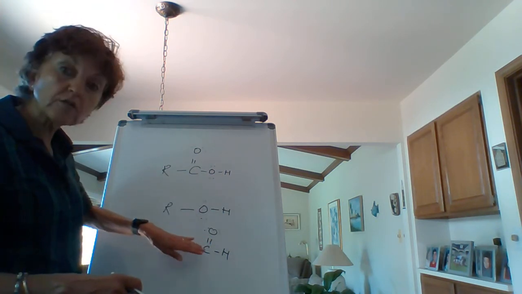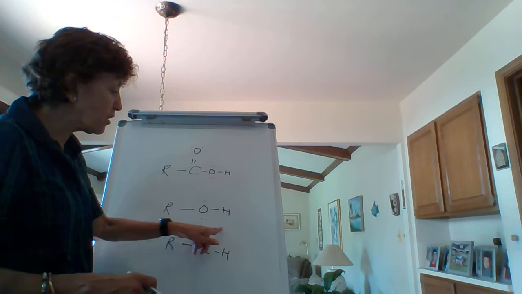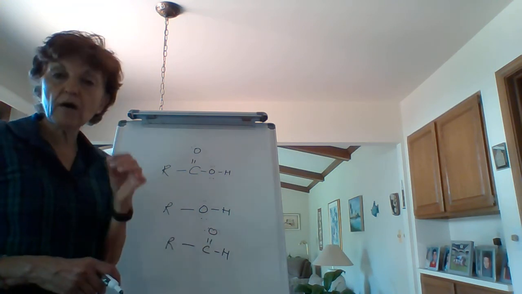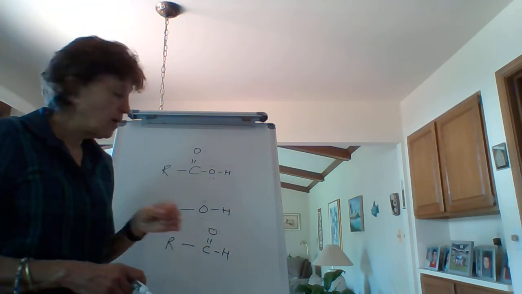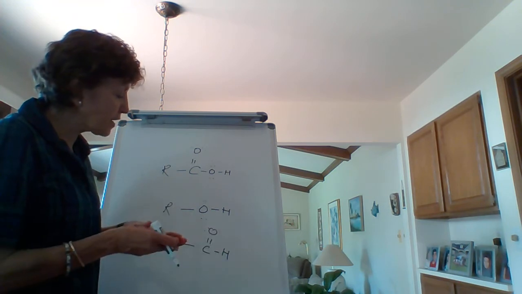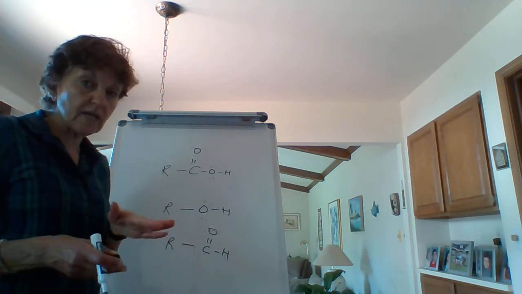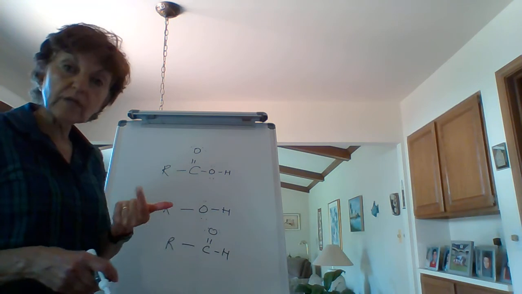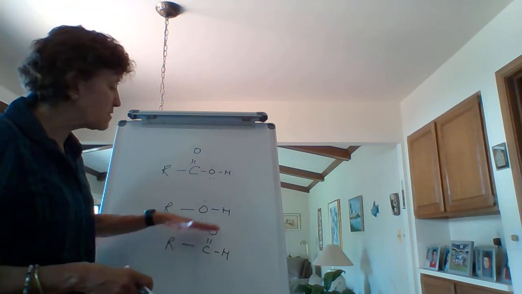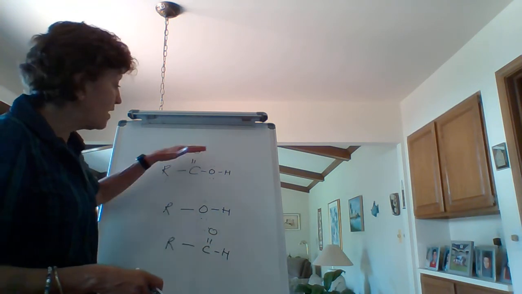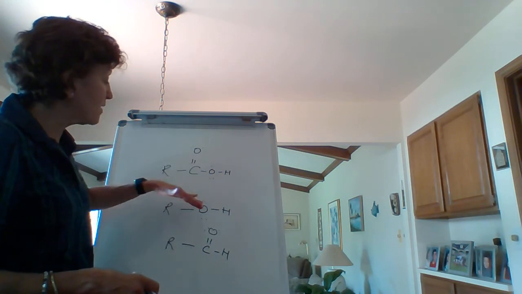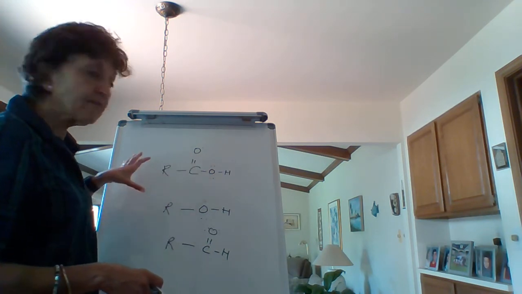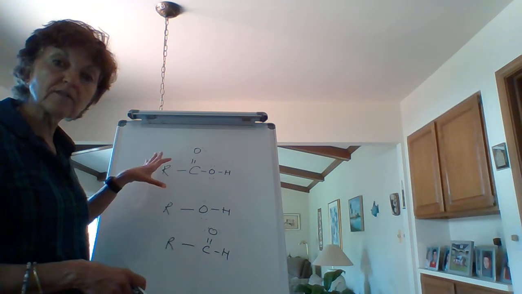This one cannot do intermolecular hydrogen bonding because there's no hydrogen bonded to an oxygen. So this can't do any intermolecular hydrogen bonding. Aldehydes and ketones can't, remember. But it can do dipole-dipole and London force. So obviously this is going to have the lowest boiling point. These two guys now, how do they differ? Well, if they have the same molecular weight, they'll have about the same London force.